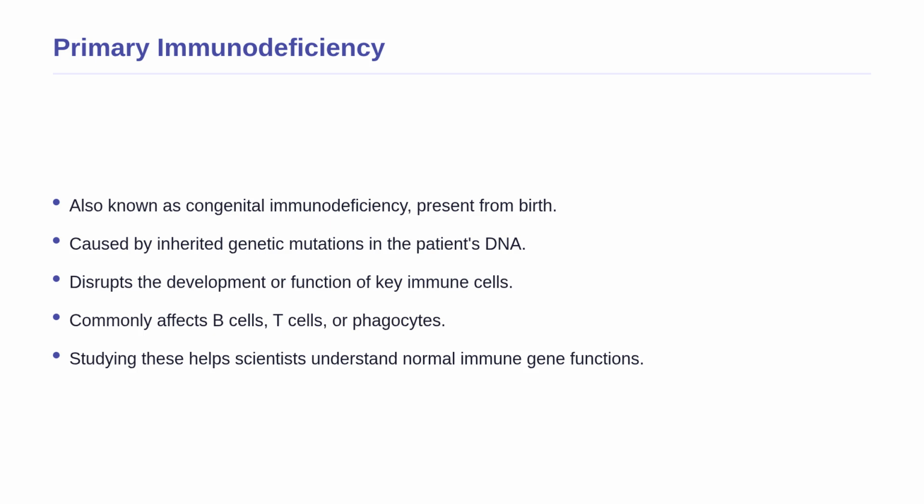Because these conditions are tied to specific genes, studying primary immunodeficiencies has been incredibly valuable for scientists. By observing what happens when a specific immune gene is missing or defective, researchers can deduce the normal function of that exact gene in a healthy immune system.